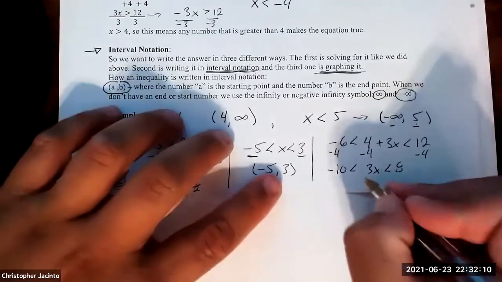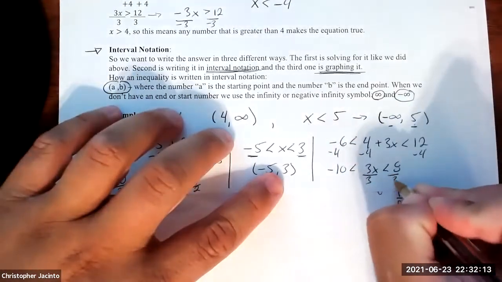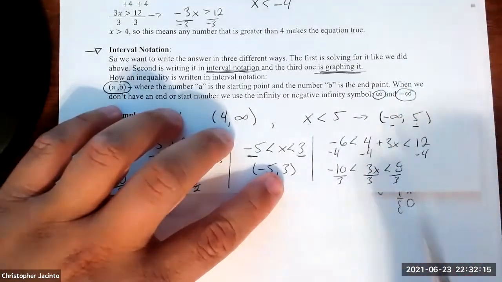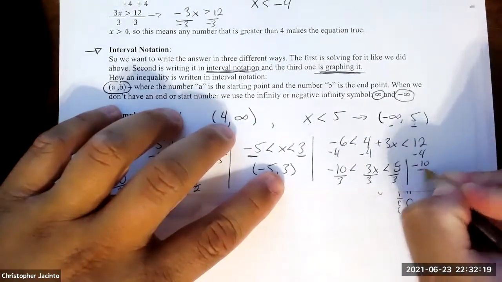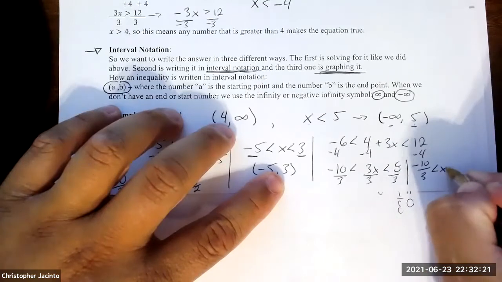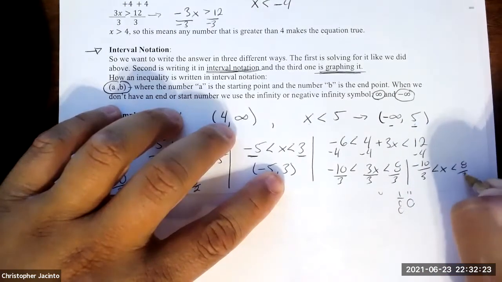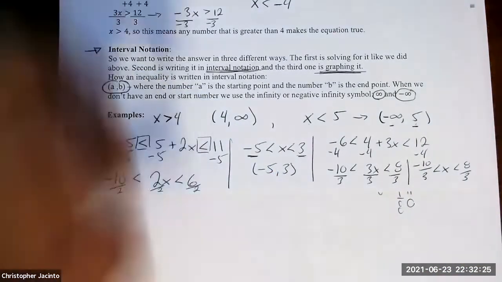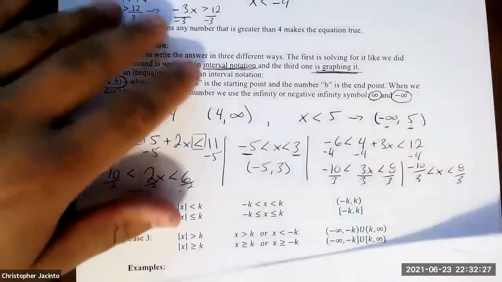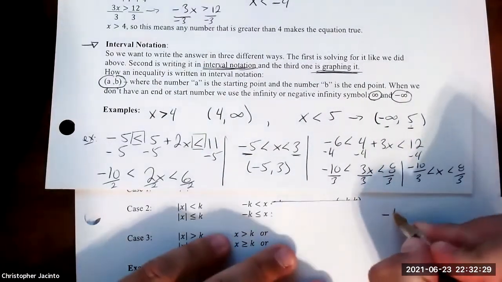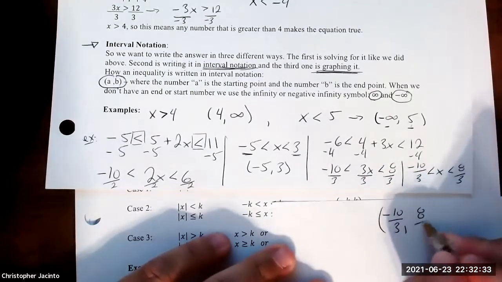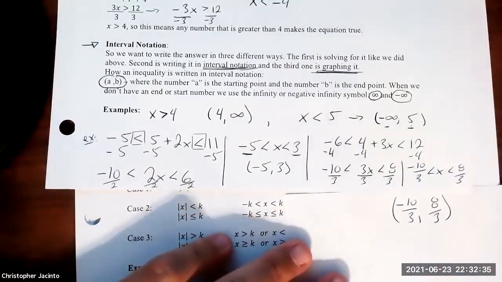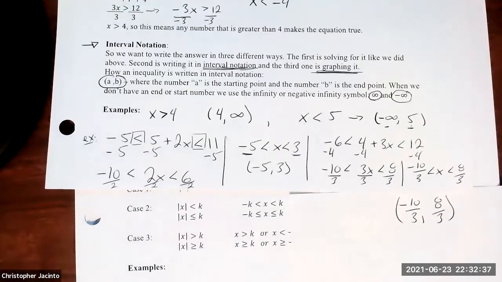And then divide by 3. Again, do it on all 3 sides, left, middle, and right, and we get our final answer. So -10 over 3 is less than x, which is less than 8 over 3. Which means our interval notation would be from -10 over 3, that's our starting point, and the end point is 8 over 3. And voila.